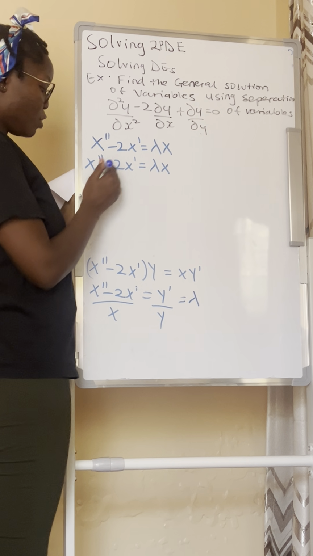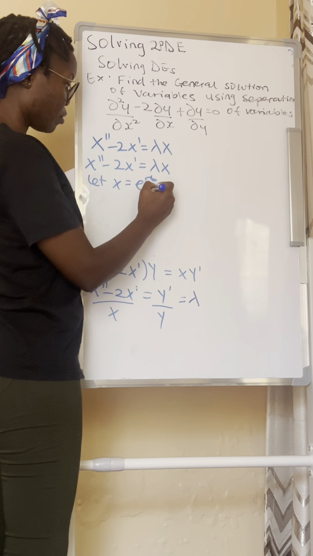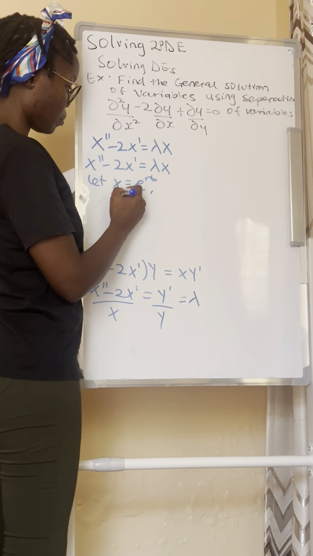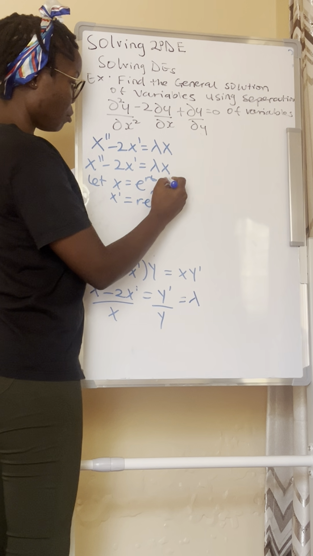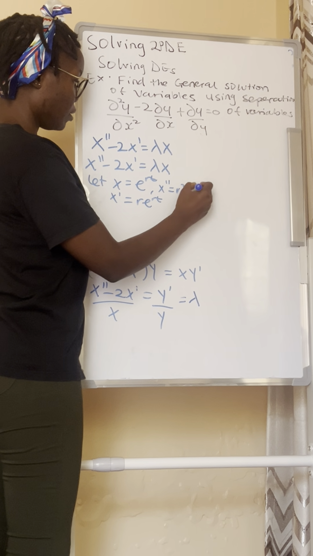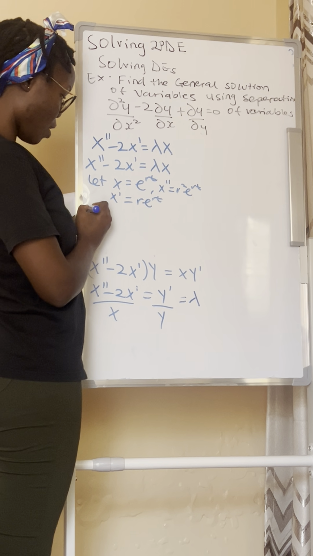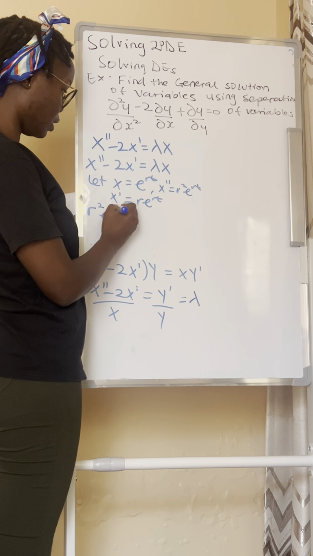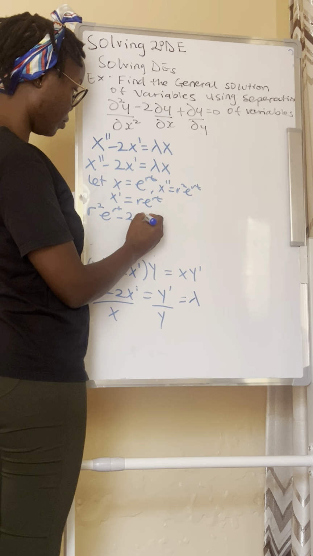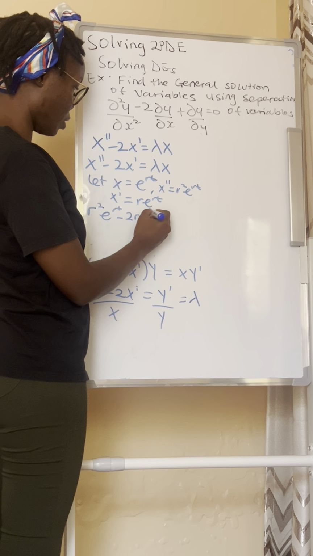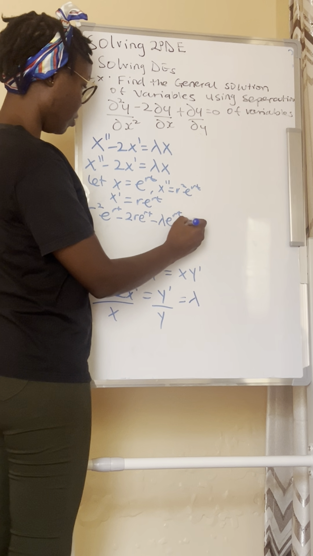The typical solution of this will be x being equal to e^(rt), where differentiating this will be r e^(rt), and the double prime will be r squared e^(rt). So when you put this into this equation, it will be r squared e^(rt) minus 2r e^(rt) minus lambda e^(rt) is equal to 0.